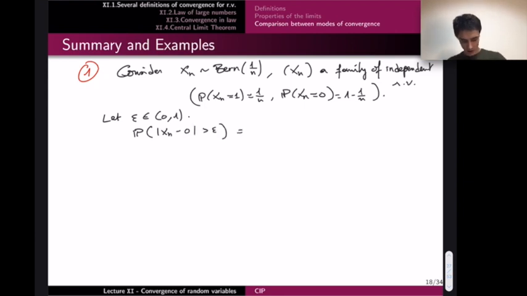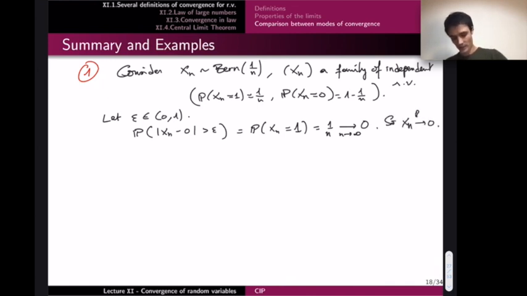Well, remember this is either 1 or 0. If this is 0, well, of course, this is not satisfied. So the only possibility here is that Xn is equal to 1. So this is equal to the probability that Xn is equal to 1, which, as I said, is 1 over n. So it goes to 0 as n goes to infinity. So indeed, Xn goes to 0 in probability.